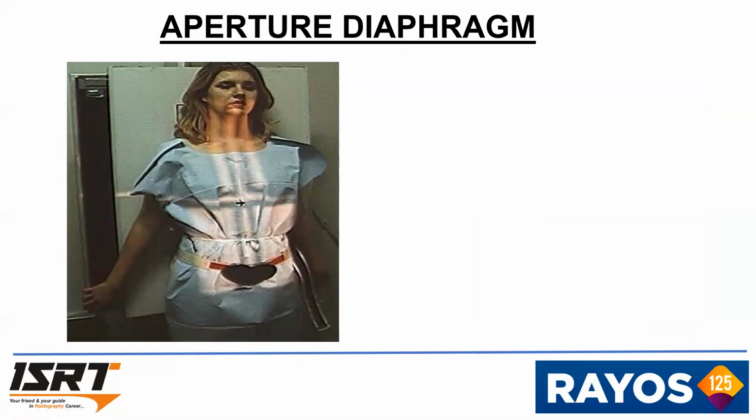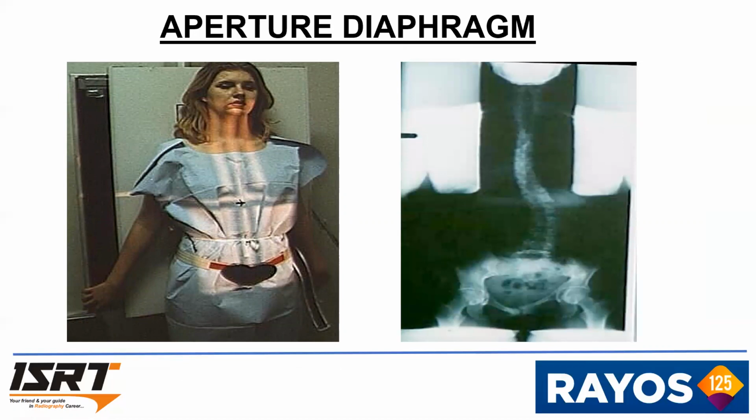And this is another form of aperture diaphragm. It's made of lead shields, a custom-made form of aperture diaphragm designed for fixed applications with a fixed image receptor and fixed film focus distance.